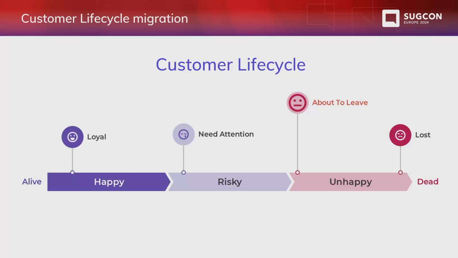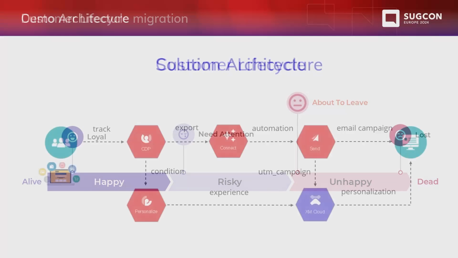So we will identify customers who are at risk of churn and involve them in some targeted marketing campaigns. Additionally, we will use personalization to personalize content for this type of customers. And that's all. It's the end of my theoretical part, and let's move on to the practical one.